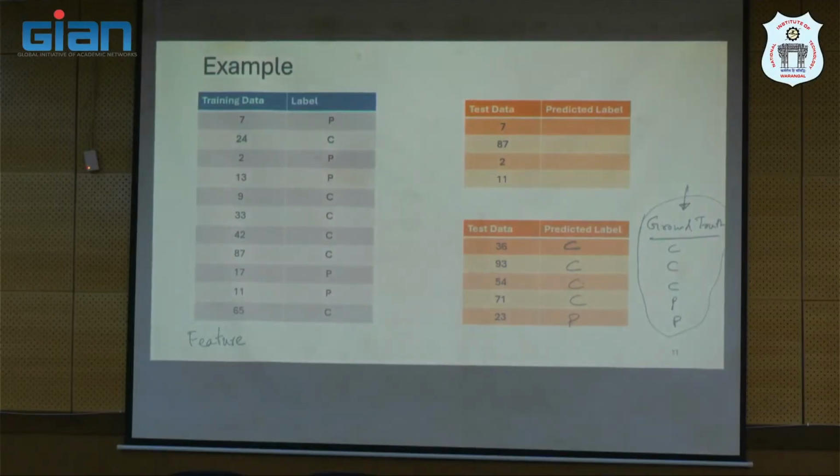So there's only one value for the training data, right? We call that a one-dimensional feature. And this entire set of rows of features is called a training data set. So training data will have feature, label. So this is label, this is feature. And you will have multiple rows of features and labels put together. That is the training set or training data.